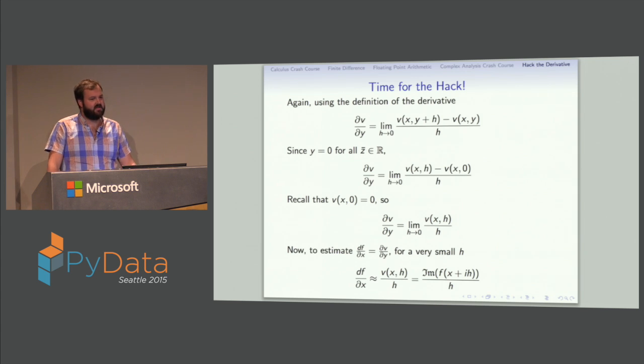The magic that we've done here is we've taken something that normally takes subtraction, which is a very difficult operation for floating point numbers, and eliminated that subtraction, making it a straightforward evaluation of a function at a single point, and then a division.